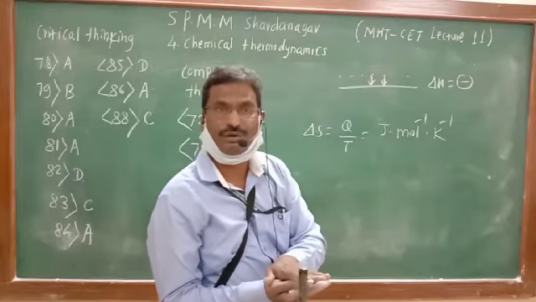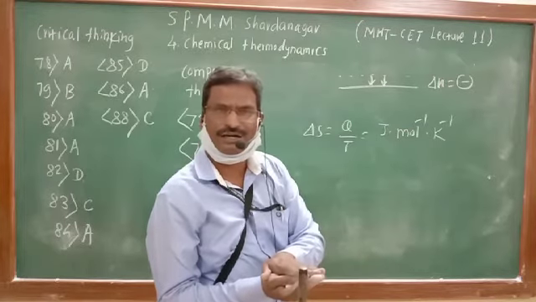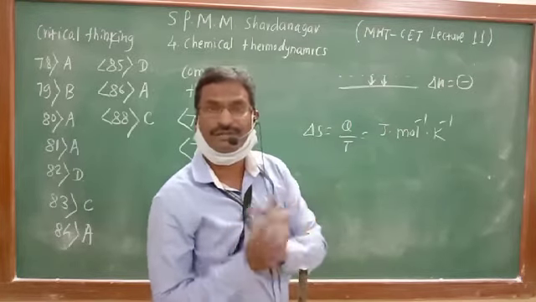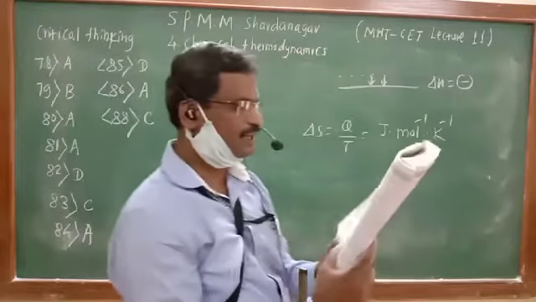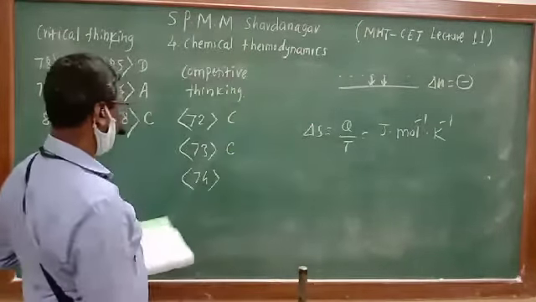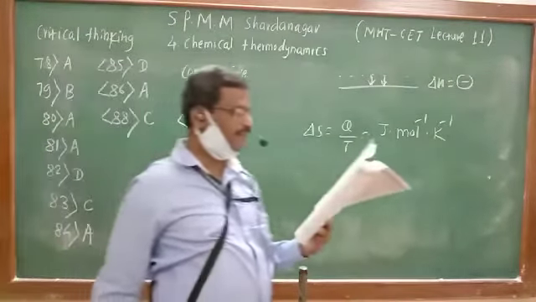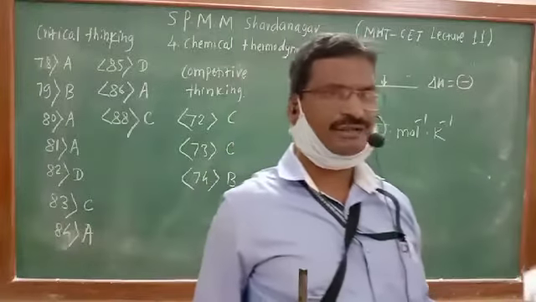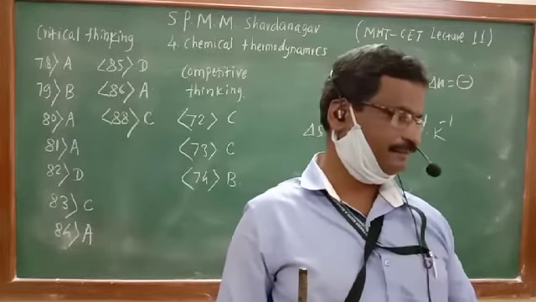Gas is almost converted to solid there; no doubt that is gas, but that is fixed to the solid, so movement is stopped. So which is the correct option? Option B is correct. Entropy decreases whenever adsorption of gases on solid surface takes place.